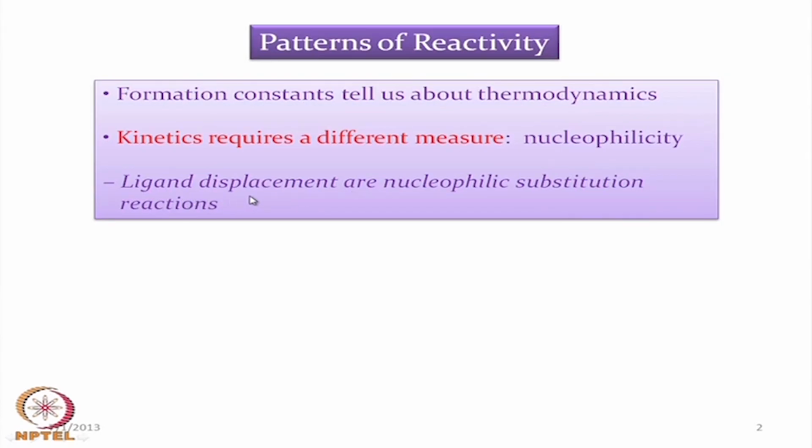In all these cases the ligand displacement reactions are nucleophilic substitution reactions. One L is substituting another L attached to the nucleophile, that is, the metal center. So we get nucleophilic substitution reactions for these ligand substitution reactions.